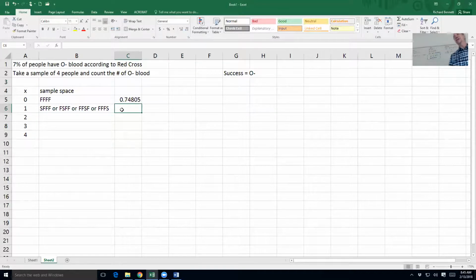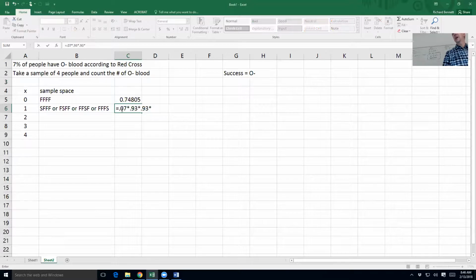Now let's do the first option there, right? So the probability that I got a success on the first try is 0.07. Probability I got a failure on the second try, 0.93, right? Failure on the third try, 0.93.